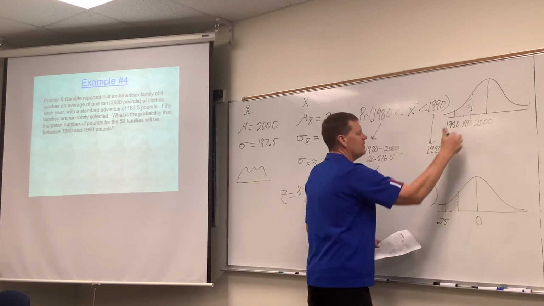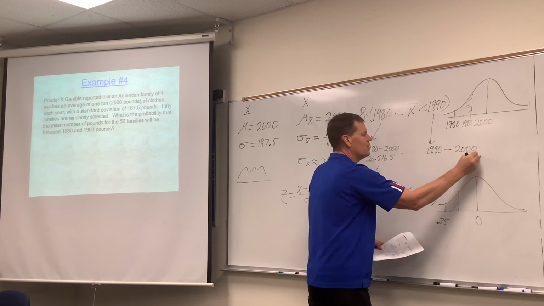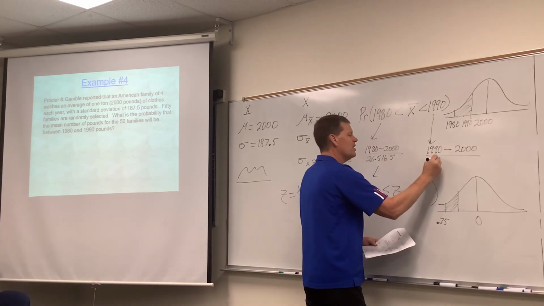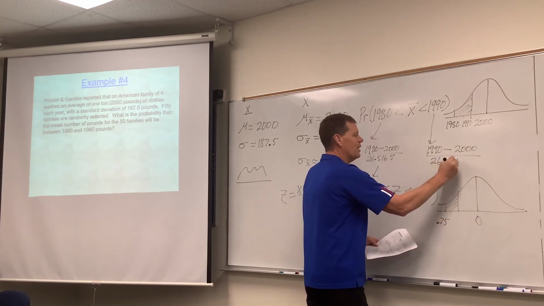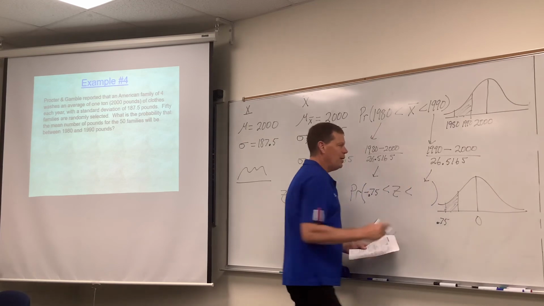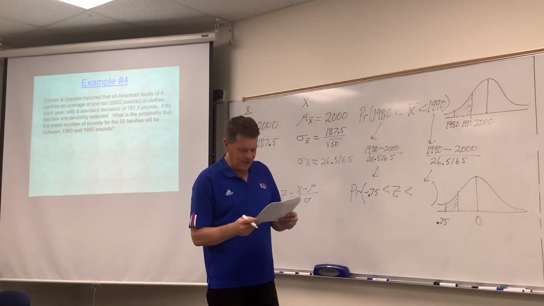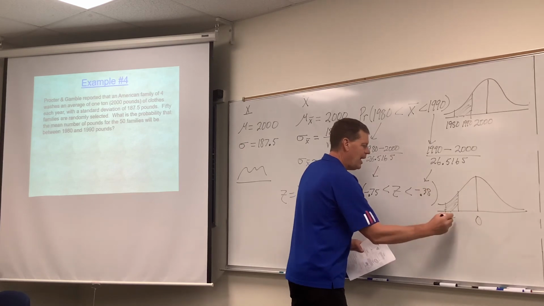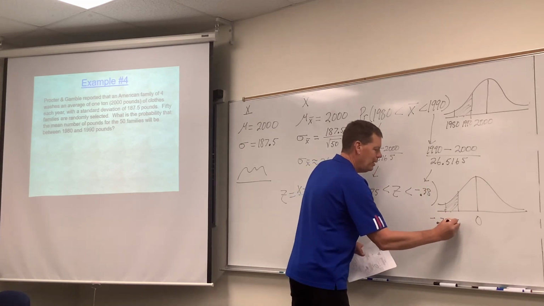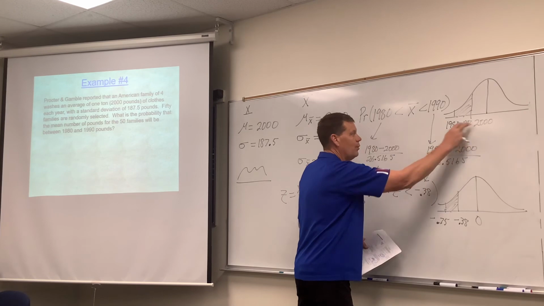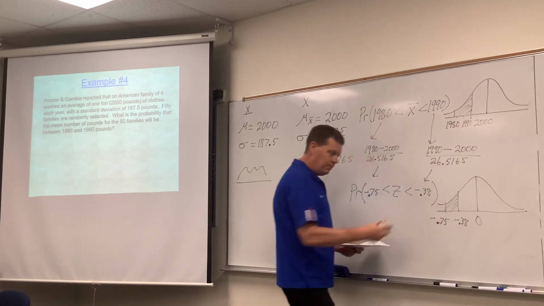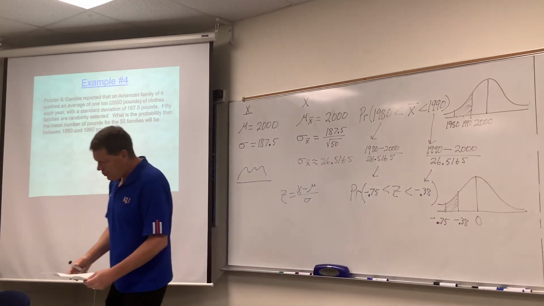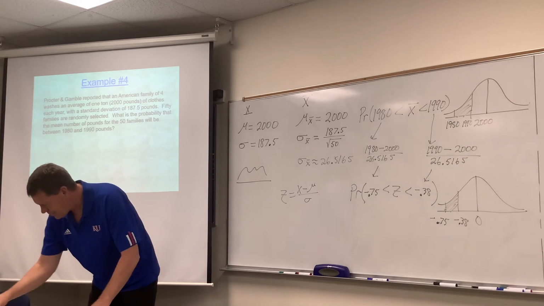X minus mu. I'm really sorry, I know this is probably difficult to see because of the constraints of the frame I have here. But anyway, that one standardizes to negative 0.38. As mentioned before, if your value is below the mean, it's going to have a negative z-score, as we see here.